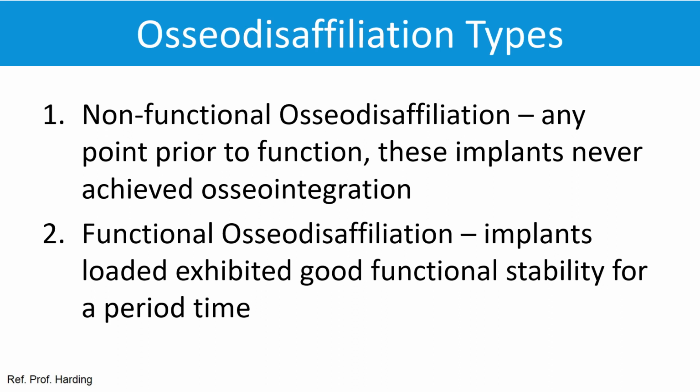Obviously, immediate loading is a complete 180-degree about turn, if you like, from this protocol, in that we are going to be loading our implants immediately. So the types of osteodisaffiliation are considered in terms of loading.